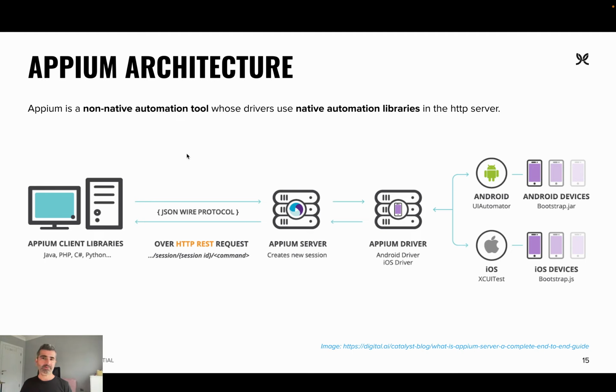And let's talk about the architecture a little bit more. As I said, Appium is a non-native automation tooling, and Appium requires native automation tooling libraries to make the automation available for you. So basically, you can see that on the left, this is your automation solution on your local laptop, and you can use any language: Java, PHP, C#, Python, whatever you want to use.